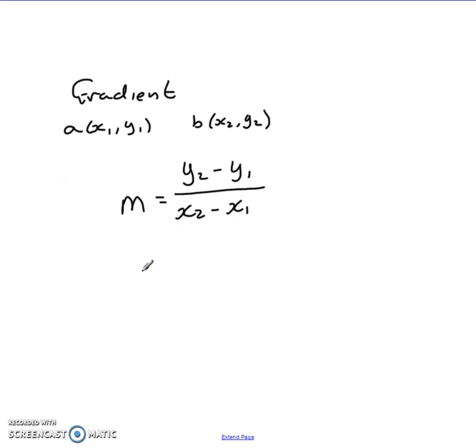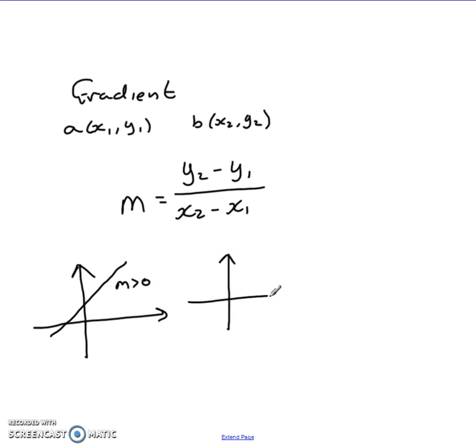Now this, as I've said, gives us several key properties of the straight line and can come out a couple of different ways. If we end up with a positive gradient, so we end up with a positive value for m, what that tells me is that my line slopes up going from left to right. So it goes in this sort of direction. So for this one, m is greater than 0. I could also have a case where I end up with a negative gradient, and in this case my line would slope down from left to right.